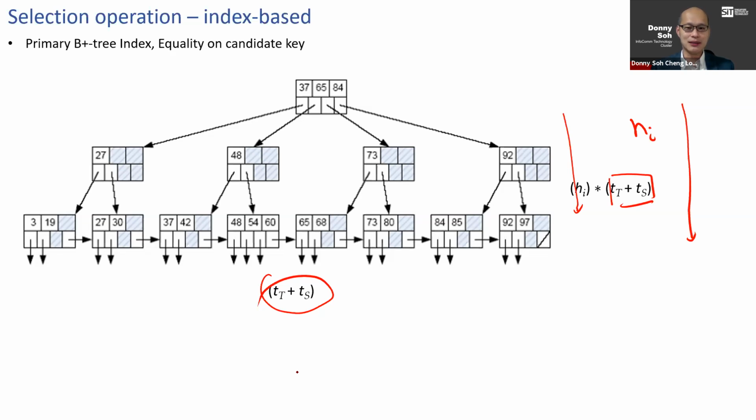At most 1, because it's equality on a candidate key: either you have it or you don't. If you have it, only one record will be returned. There's no way you can return 2 records, so you only go down the tree one time and one time only.